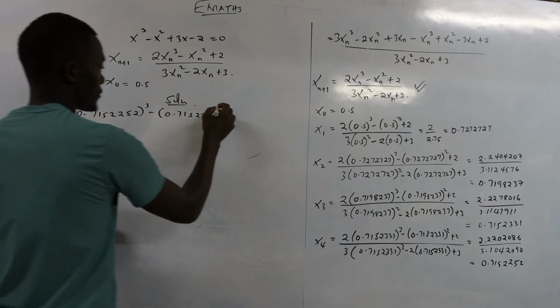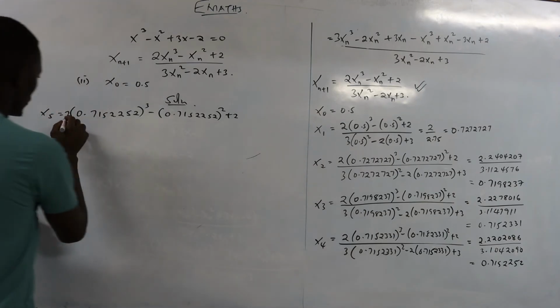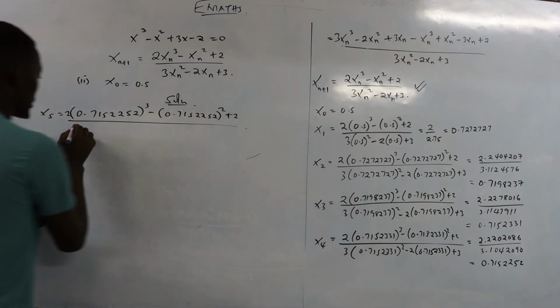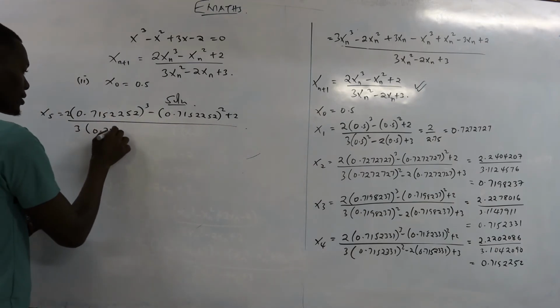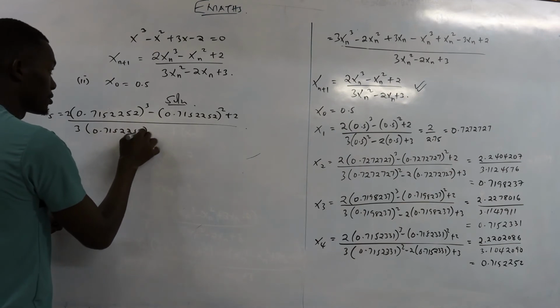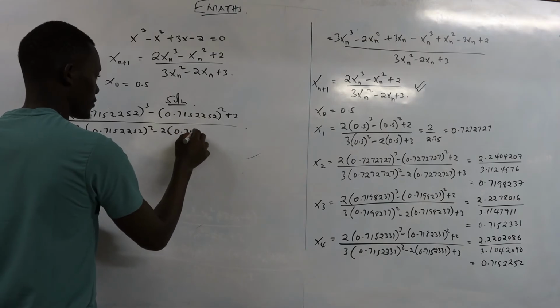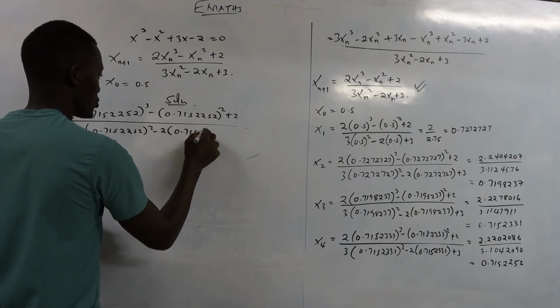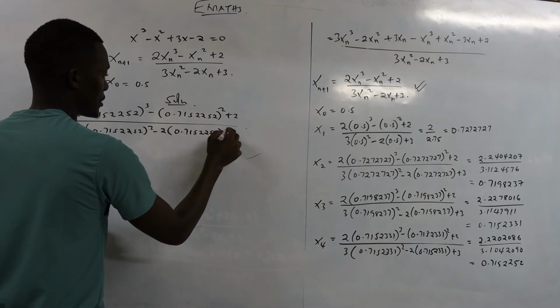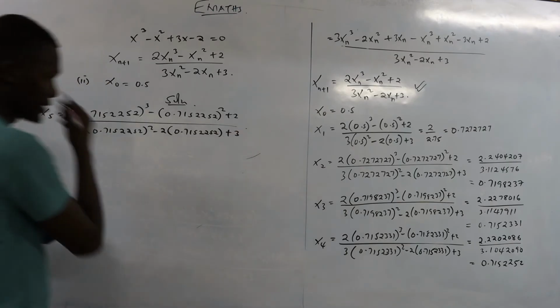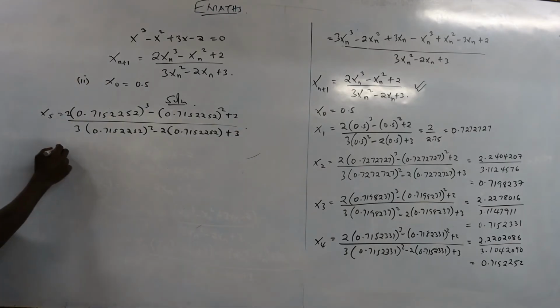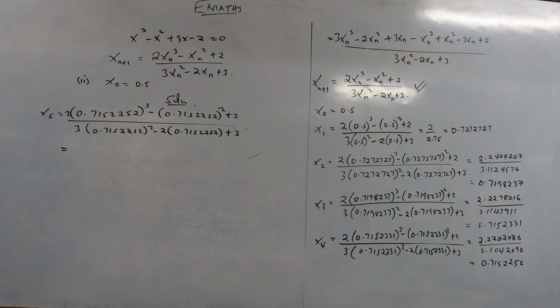0.7152252, then we have squared plus 2, then all over 3 times 0.7152252 squared minus 2 times 0.7152252, then plus 3. So let's see, that one now gives us an answer.